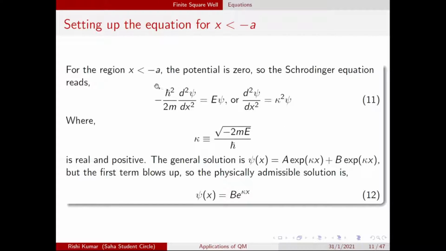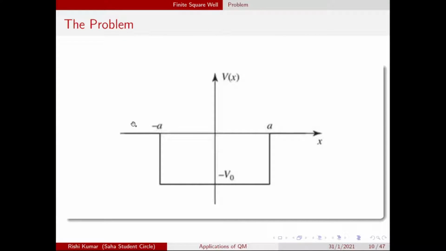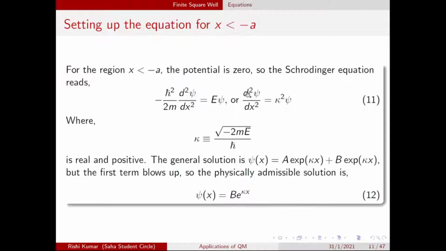Going forward, we are going to look at the case with the energy less than V naught. First, we take the case x less than minus a, that is to the left here. There is no potential in concern here, so we have no V naught term.